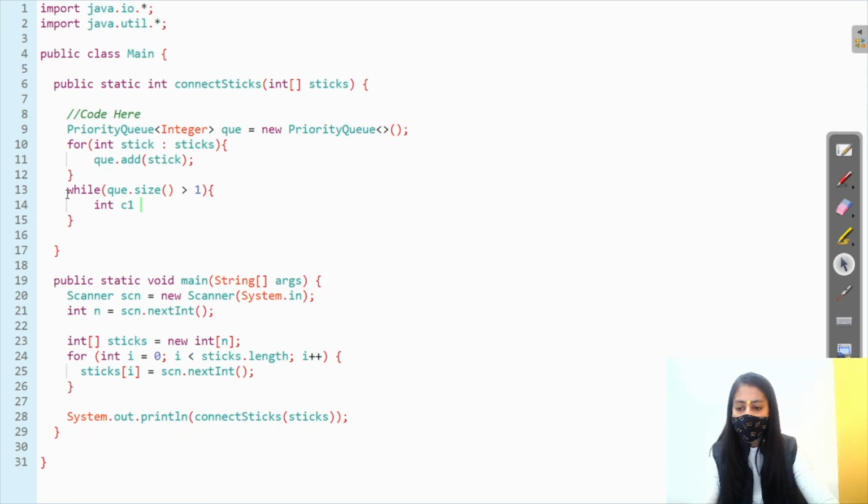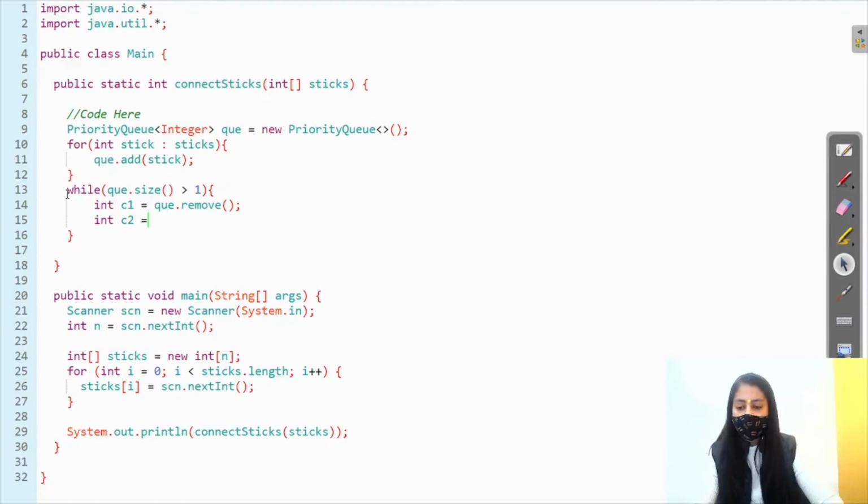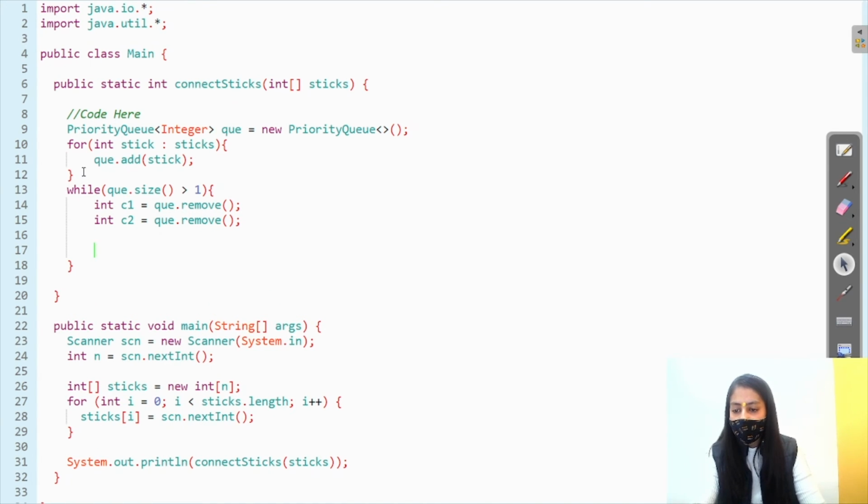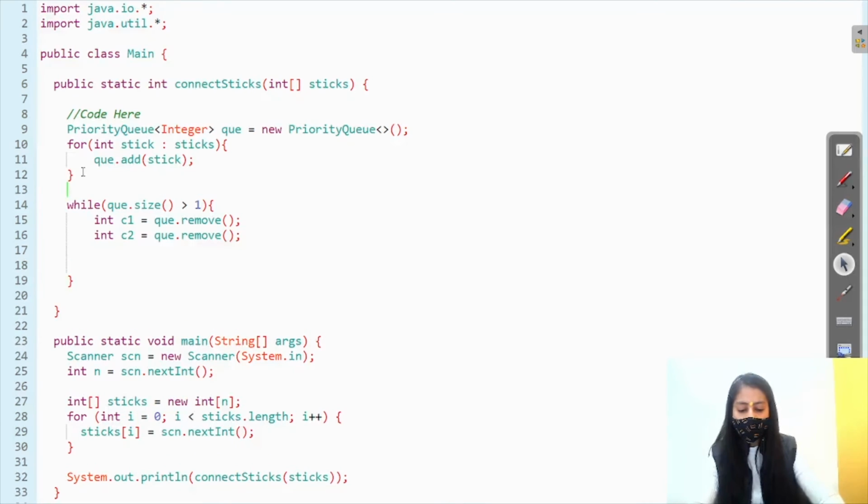Let's suppose this is cost 1 is equal to queue dot remove. So it will give me the minimum element. Next it will give me the second minimum element, right? So let's take a total cost here. Total cost which is 0 initially, right?